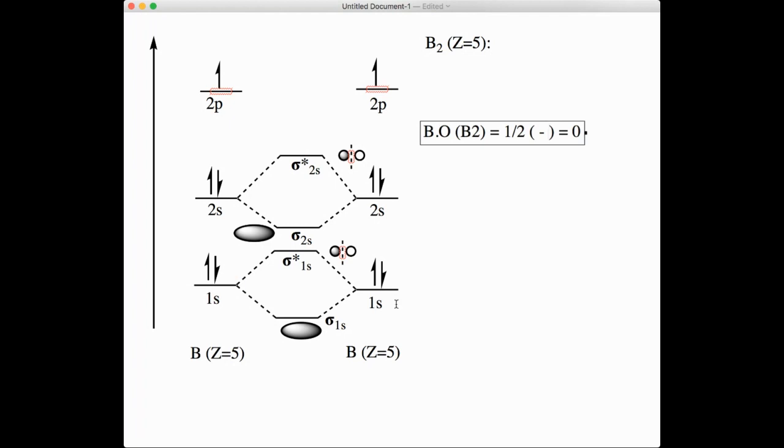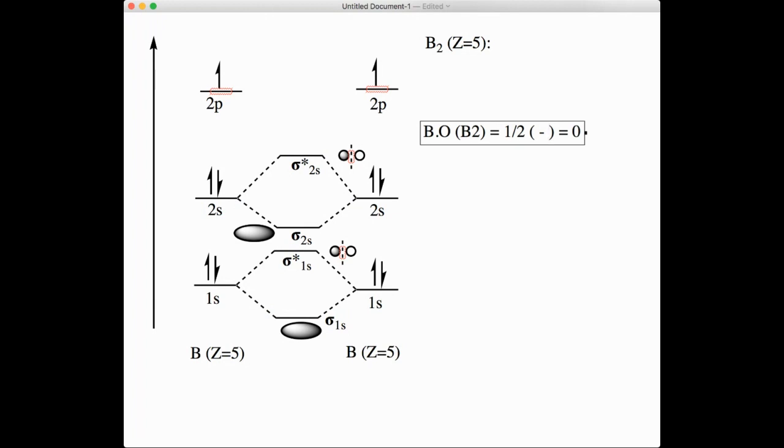Combining two 1s leads to two molecular orbitals, one bonding 1s, one anti-bonding 1s sigma star. We also combine the 2s orbitals. A combination of two s orbitals leads once again to two molecular orbitals, one bonding sigma 2s looking like this, one anti-bonding sigma 2s looking like this. And then we are going to combine the two p orbitals.